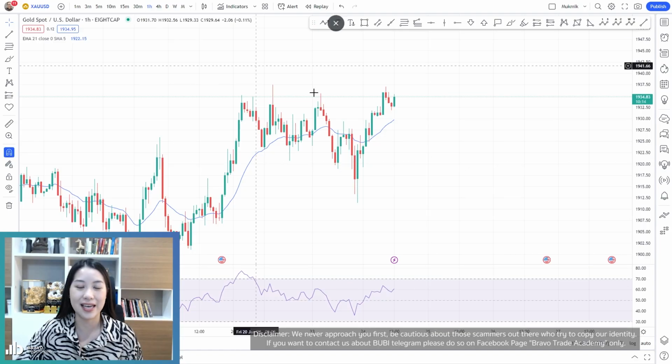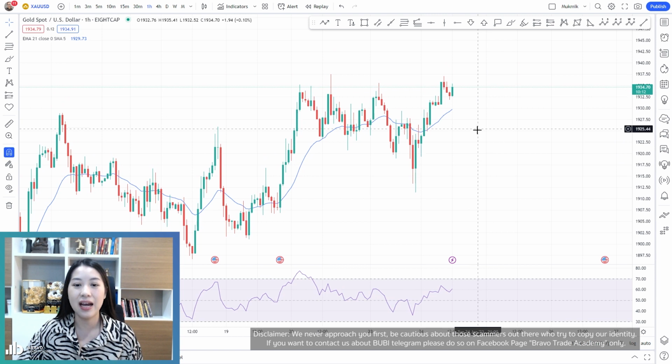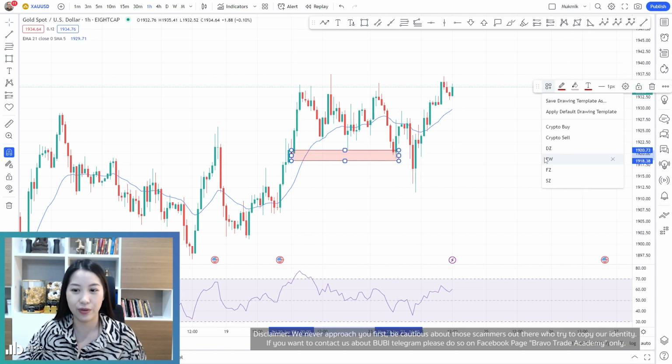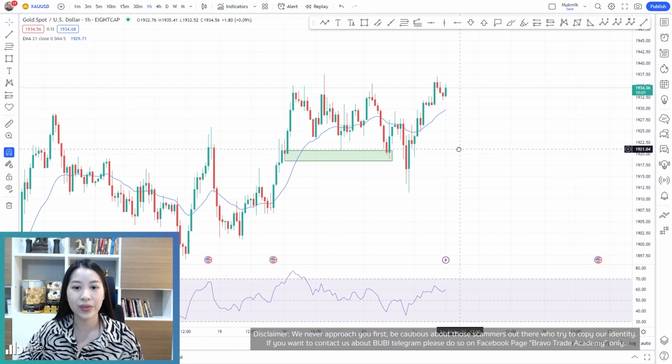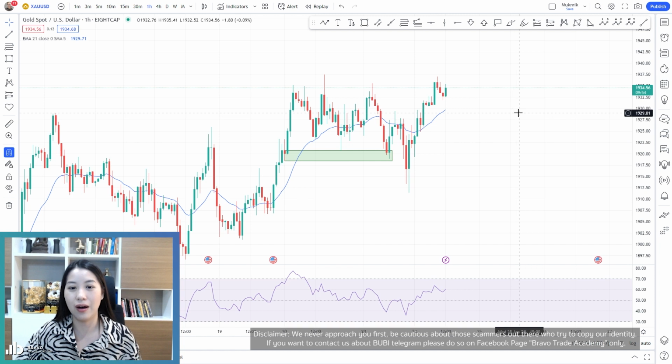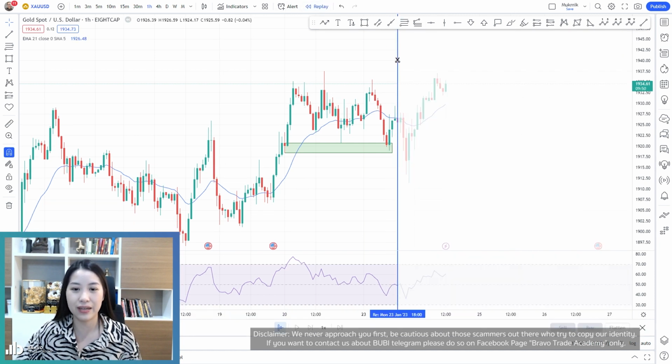So this is the chart, and yesterday I said, okay, we have our demand zone here, but I would say this demand zone is pretty weak. I told you I would go for the selling side more, and that we are going to wait for the QM sell.